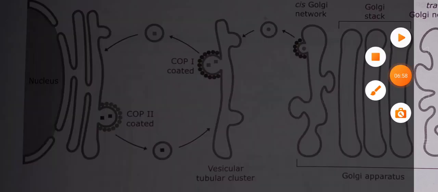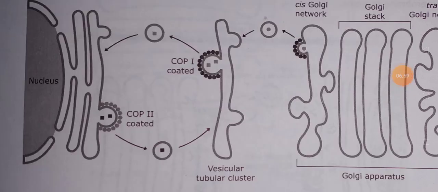Now the question is, as these vesicles are named according to the proteins from which they are made up, does that mean that a particular vesicle is only composed of that particular protein?